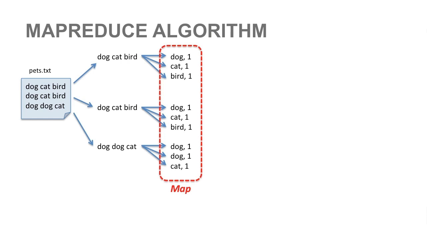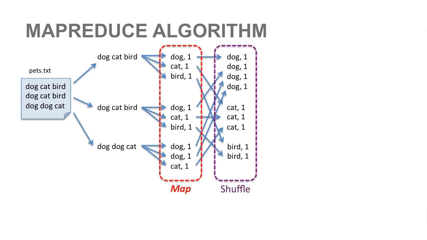Then we get to the next stage in processing, which is called shuffle. In the shuffle, we are going to move all of these entries, so we have all dog entries in one place, cat entries in one place, and birds in one place. Now that we have all the dogs in one place, we can aggregate the values.